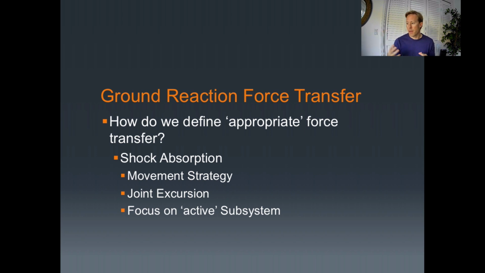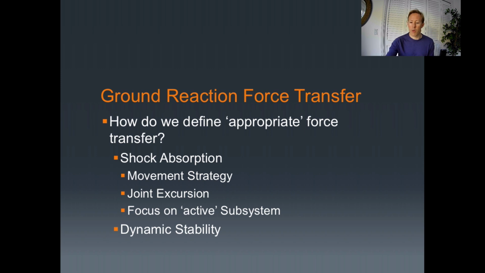It's the area we have voluntary control over, so we can actively engage those structures through our nervous system. We can contract muscles, pull on tendons, and move our joints, versus things like ligaments, cartilage, joint capsule, and bone. Those are the passive subsystem. We can't really control them directly. And then we'll talk about dynamic stability. We will go through each of these as we move forward, and they will help us define what is appropriate force transfer.